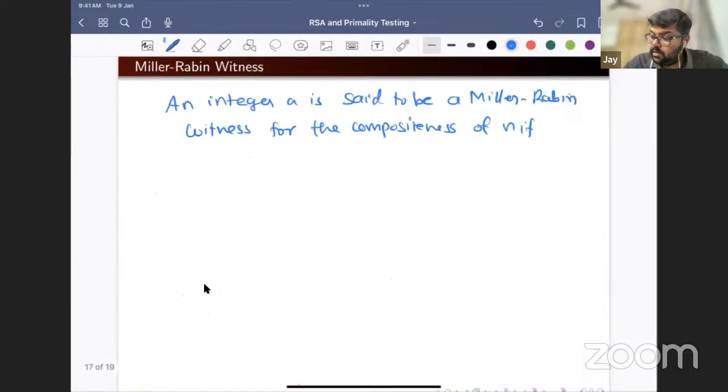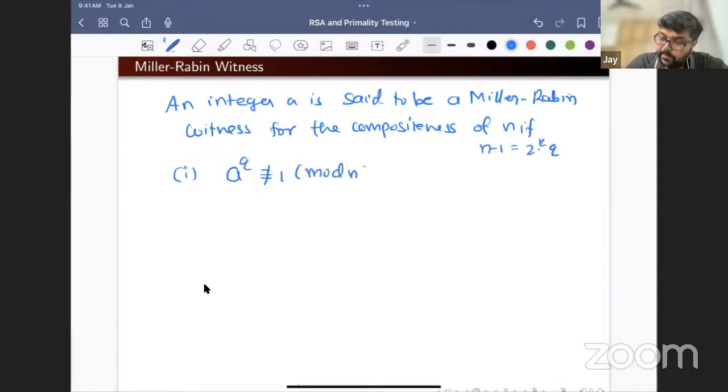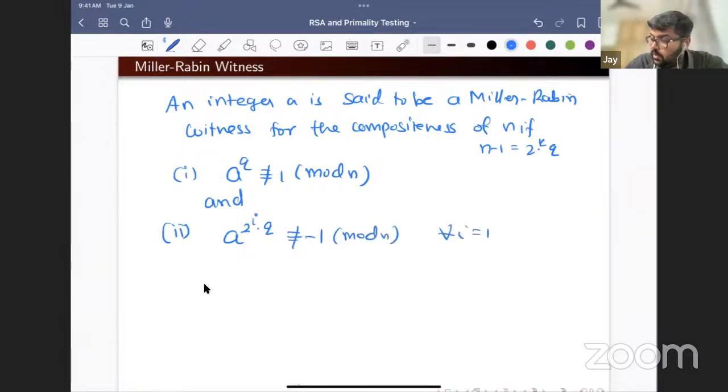So we write n minus 1 as 2 power k times q. If a power q is not congruent to 1 modulo n, and none of those numbers, a power 2 raised to i times q, is congruent to minus 1 modulo n for all i equal to 1 up to k minus 1.